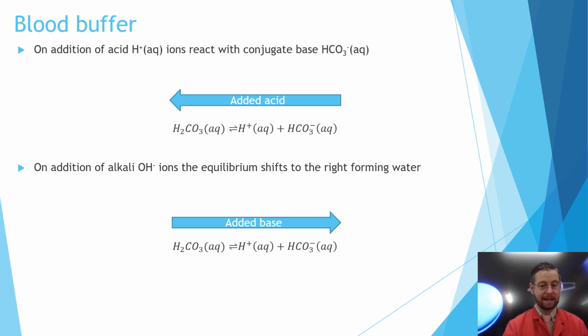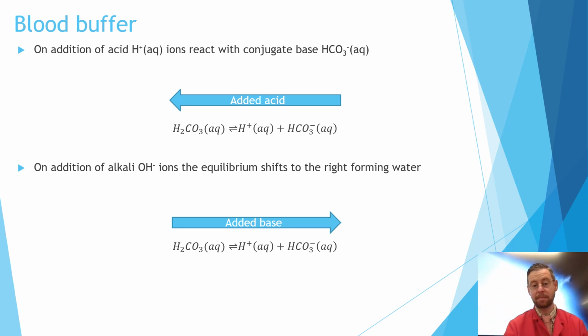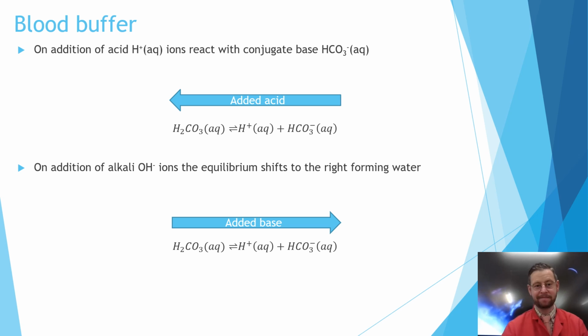If you add alkali, it is going to react with the H+ to form water in your bloodstream, which is perfectly acceptable. And so there you can see it. It's a buffer that will keep your blood at exactly the right pH.